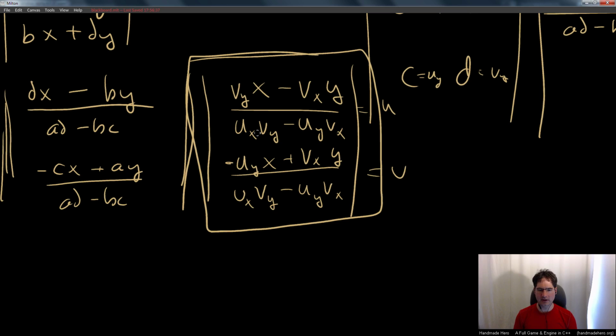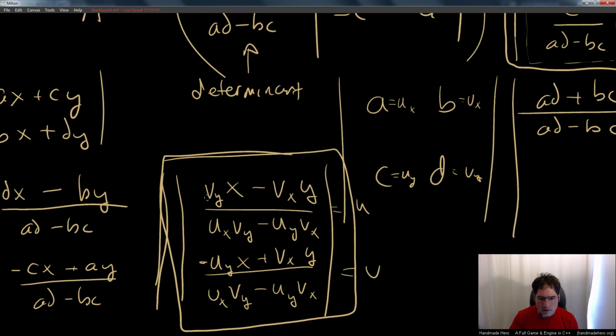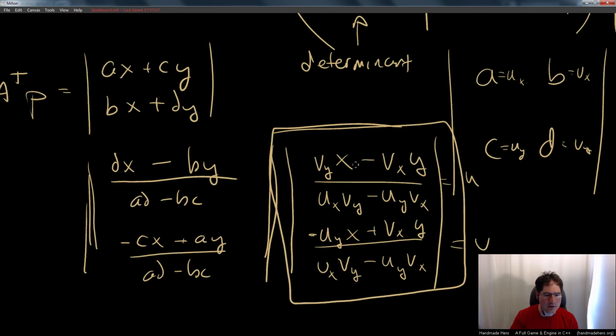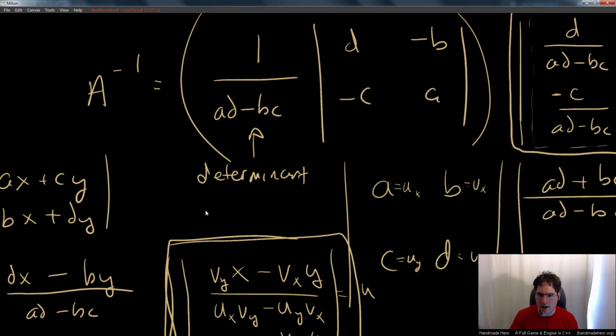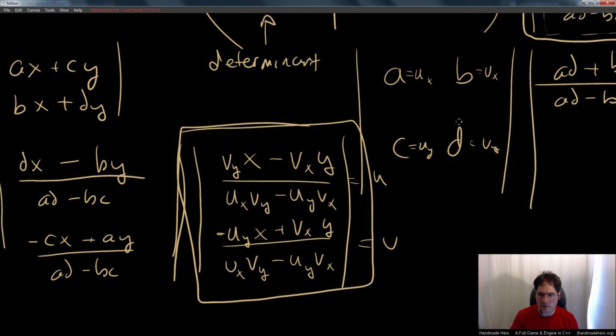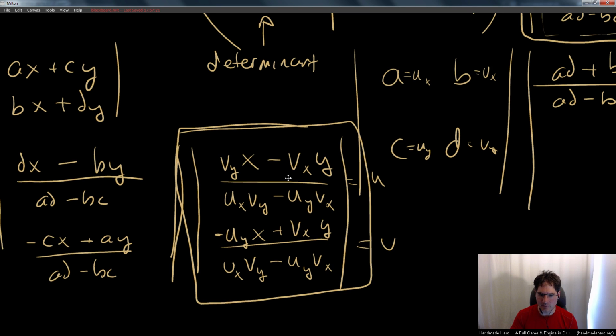And then similarly down here, we would have, wait a second, we missed something here. It's vx, vy, let me read that again. Dx minus by. So d is v, and b is u, or is also v, never mind.